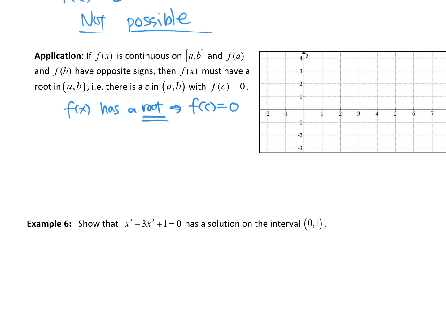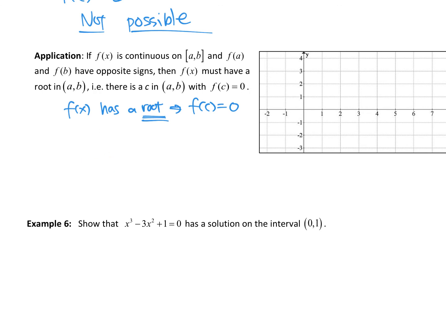It says f of a and f of b have opposite sign. That means one of them is positive, one of them is negative, and 0 is the number in between. So our n has to be between f of a and f of b. If one is positive, one is negative, then 0 definitely is in between those two.